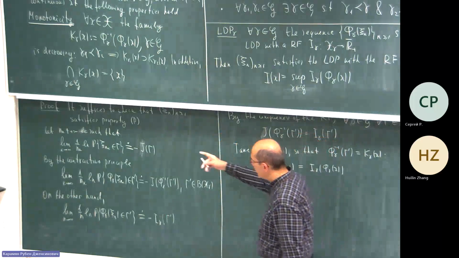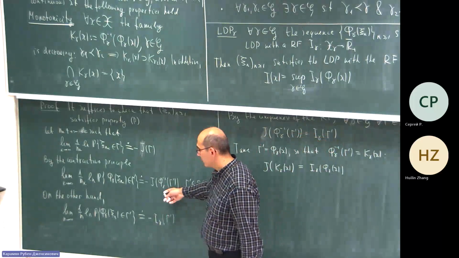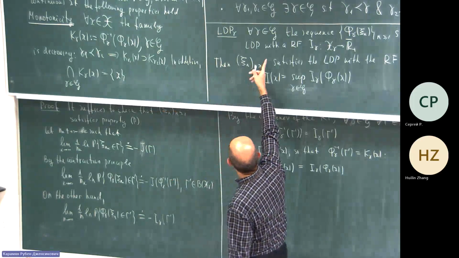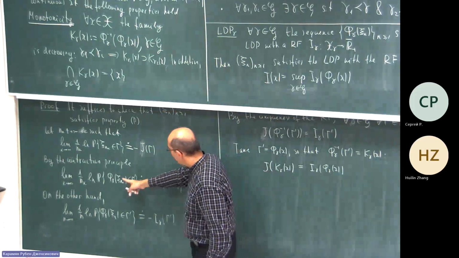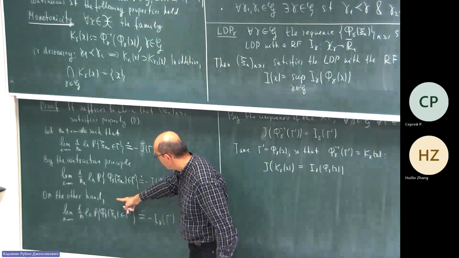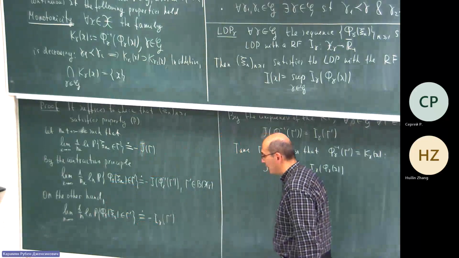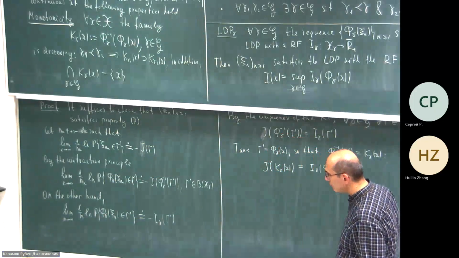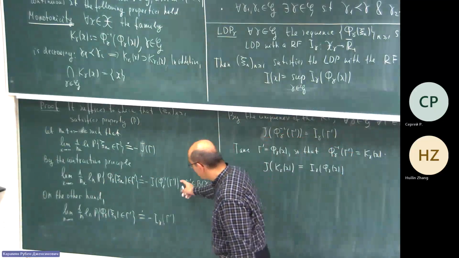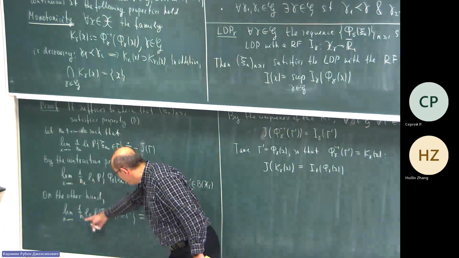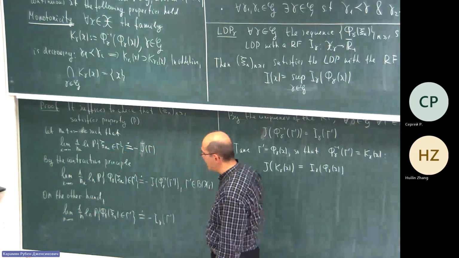Now we apply contraction to this relation. On the other hand, by hypothesis, not only the subsequence, but the whole sequence satisfies the large deviation principle with the rate function I_gamma. Comparing this with this relation in which n is equal to n_k, you have the same left-hand side, so the right-hand side is the same.